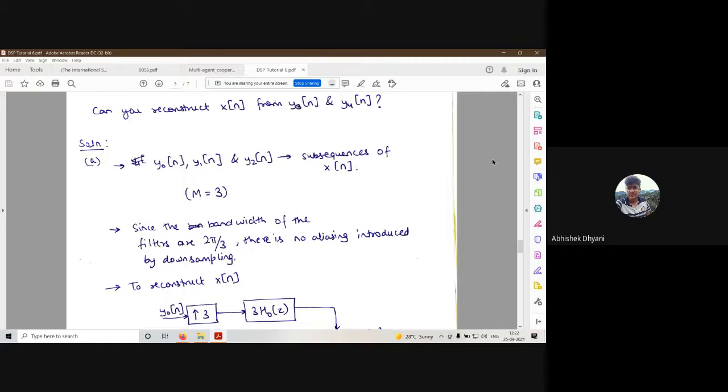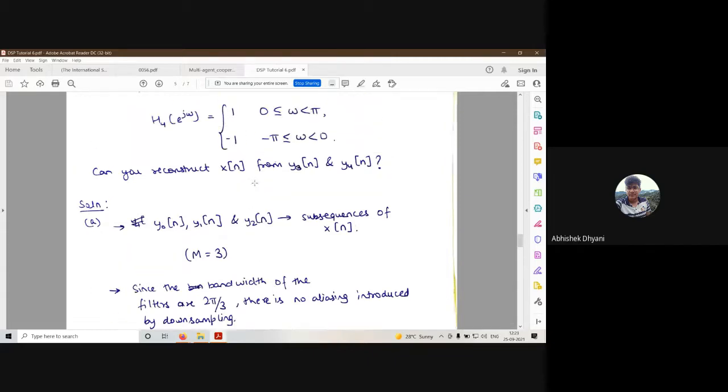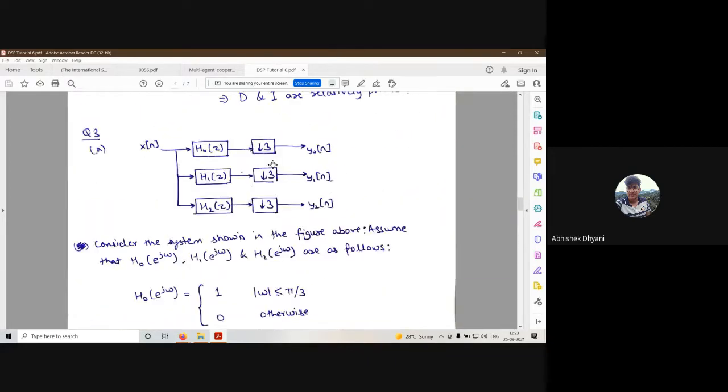Now we have to get back x of n again. The first thing we notice is that all three filters have a bandwidth of pi by 3, which means that there will be no aliasing introduced by downsampling. The filters cover parts of the overall frequency range from minus pi to pi, and there is no aliasing between any two filters' outputs.